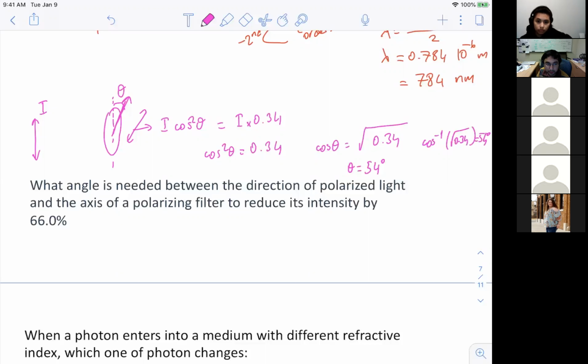So where did you get 34%? Because it says reduce the intensity by 66%, which means that the remaining is 34%. Yeah, I did it right?